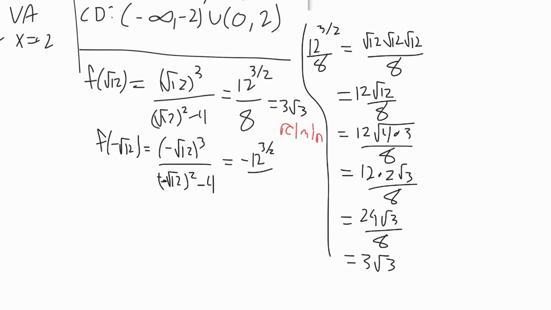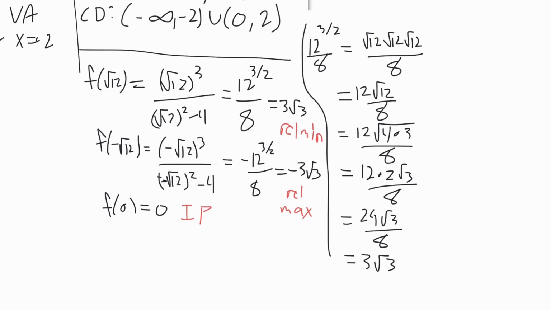Over, we'll get the same thing because negative 12 squared will become positive 12, minus 4 will be 8. So I'm going to get negative 3 root 3. Because the same simplification will work, we just have a negative sign. This is going to be our rel max. Of course, we have that point f of 0, which equals 0. And this is our inflection point.